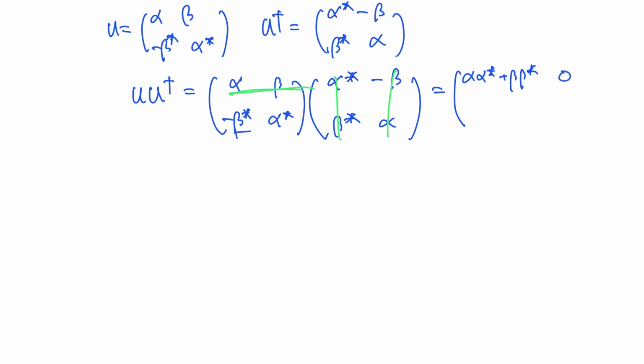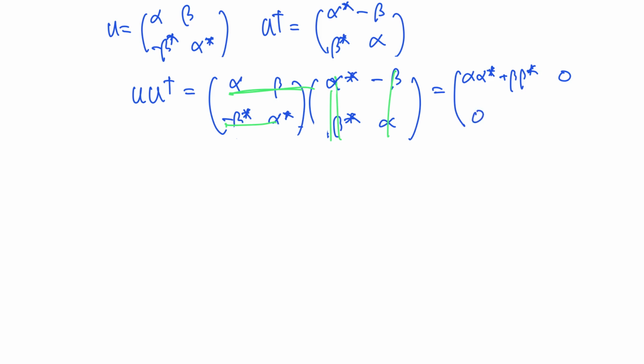How about third element? This and this. Minus beta complex conjugate alpha complex conjugate plus alpha complex conjugate beta complex conjugate, which is 0.